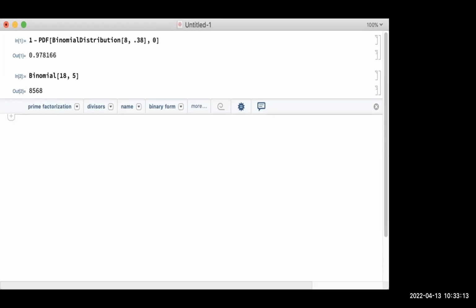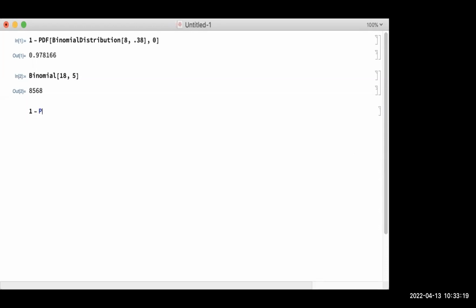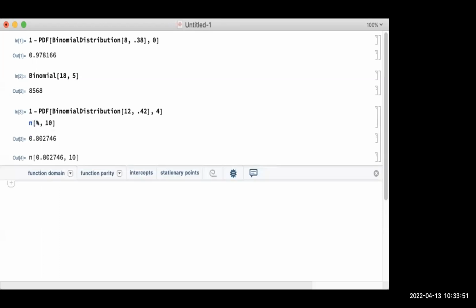I type 1 minus PDF for the binomial distribution with parameters: 12 trials with a probability of success of 0.42. And I want to get rid of x equal 4. I'll get the exact amount, and I will also do this numerically to 10 decimal places.